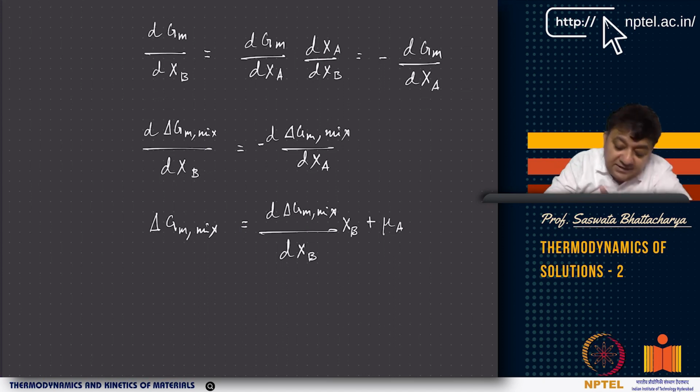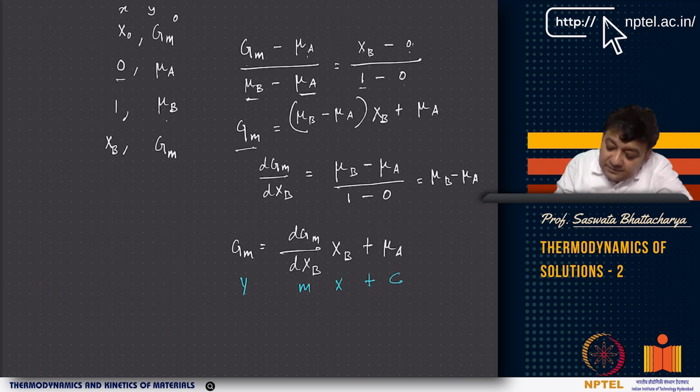Now, as you can see here, dGm/dxb is nothing but dGm/dxa times dxa/dxb, and dxa/dxb is nothing but minus 1. So dGm/dxb is nothing but minus dGm/dxa. Similarly, d delta Gm mix/dxb is minus d delta Gm mix/dxa.